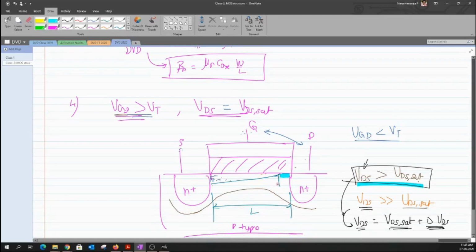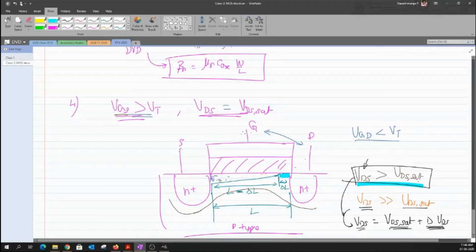I don't have any channel charges in this particular zone, which we call delta L, and the region where I have complete charges, that length, we label as L minus delta L. Hope you are clear with these notations. The length where I have the channel is L minus delta L, and the length where I don't have any charge carriers but just the depleted ions, we call delta L.